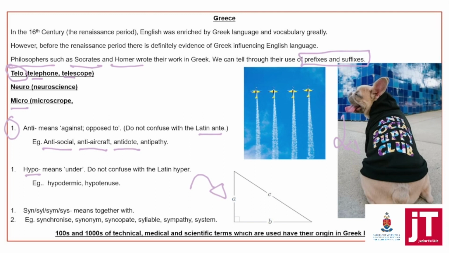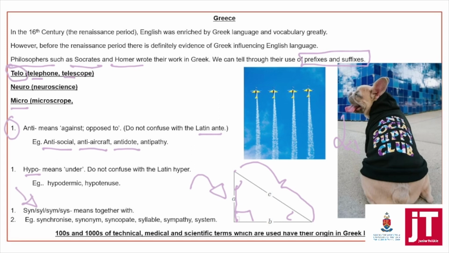You haven't learnt about a hypotenuse just yet, but it's coming, guys, and it's basically a sum, which means that these two angles match this angle, so this line is called the hypotenuse. Anyway, the point of this whole digression is that hundreds and thousands of technical, medical, and scientific terms which are used have their origin in Greek language. Okay, so there's a lot of Greek influence to prefixes and suffixes.